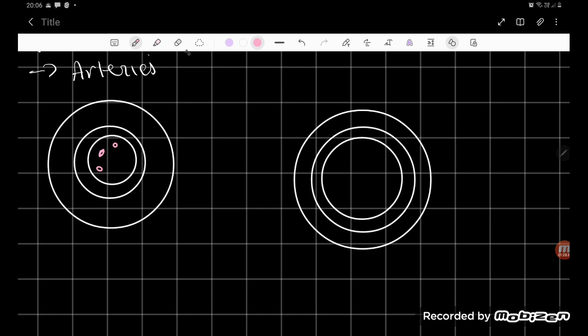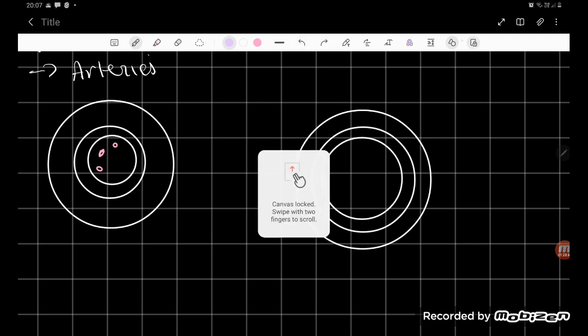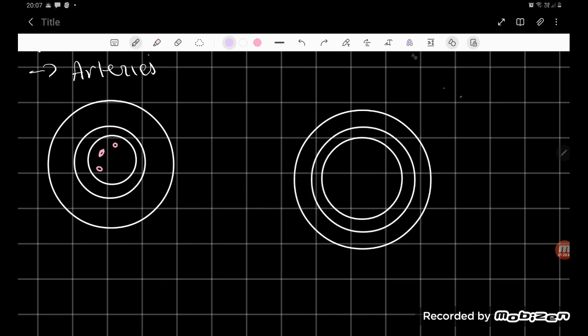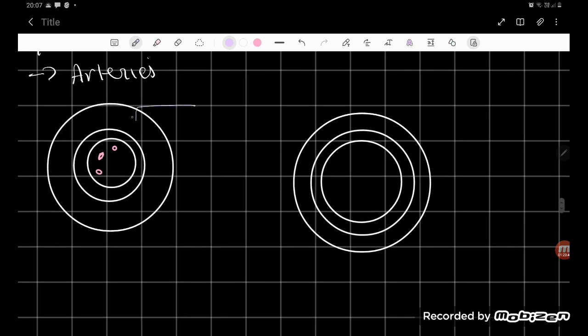Let me explain all the layers. The outermost layer in both of these is connective tissue, also called tunica externa.